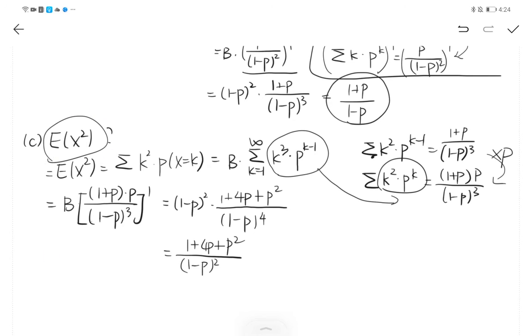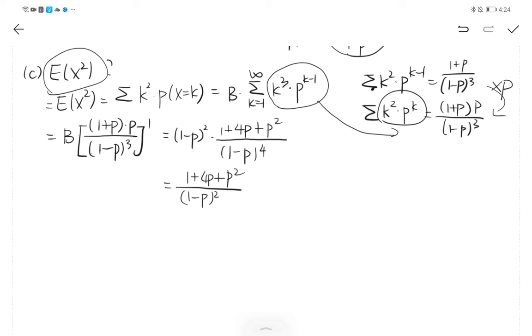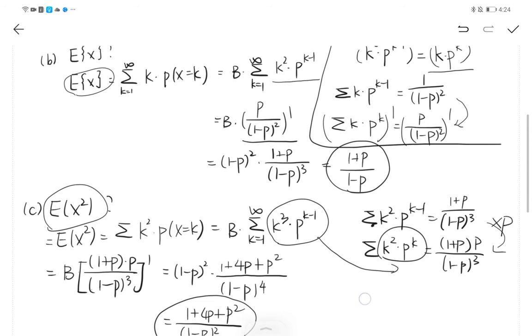And the expectation of X to the power 2 equals this form. And this is problem C.